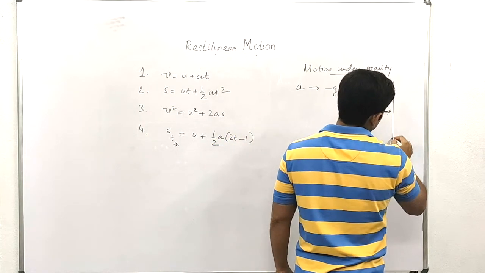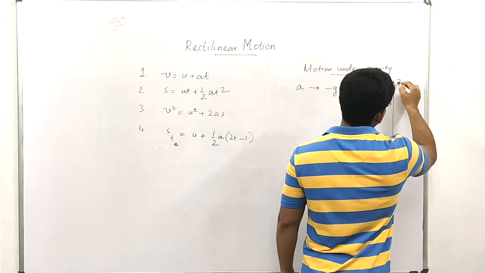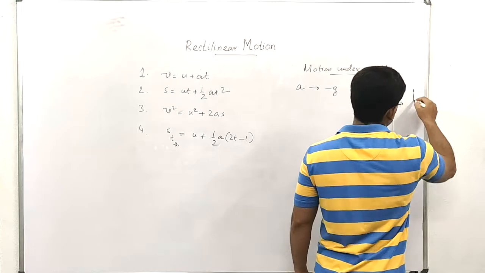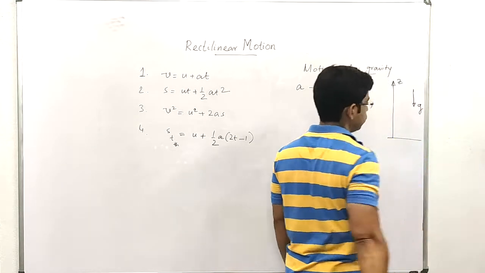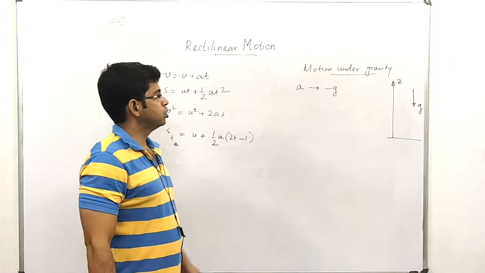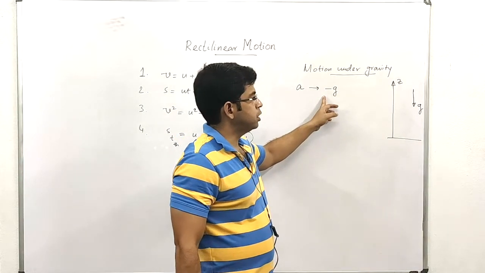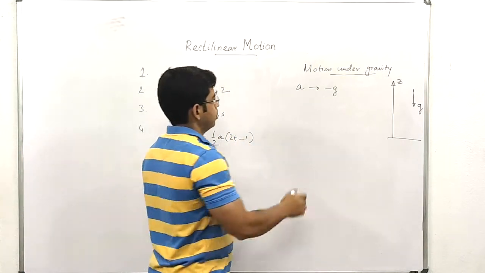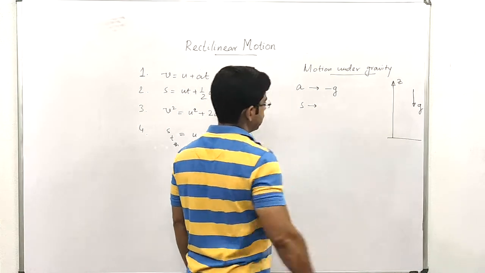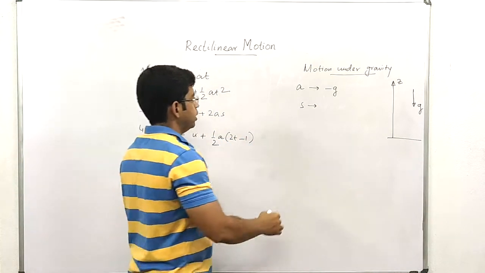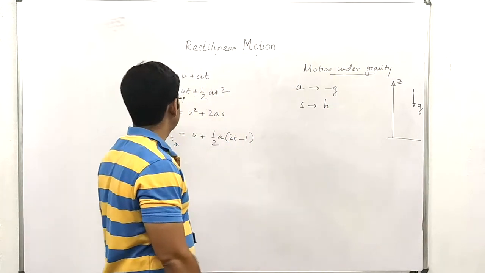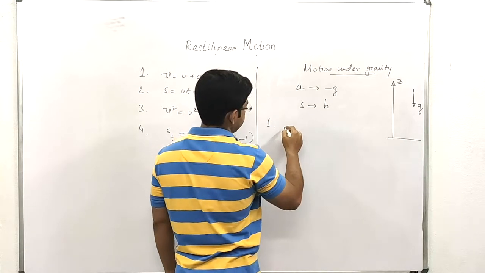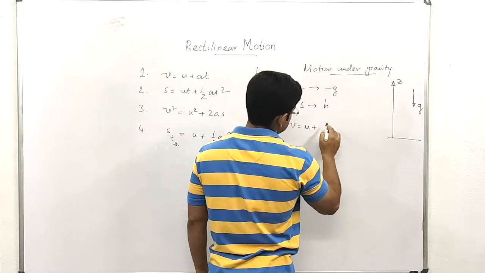Since we are considering the plus z axis by convention as positive, and the acceleration due to gravity g always acts downwards towards the center of the earth, so we use minus g rather than plus g. If we substitute minus g here, and normally as a conventional notation we replace s by h.